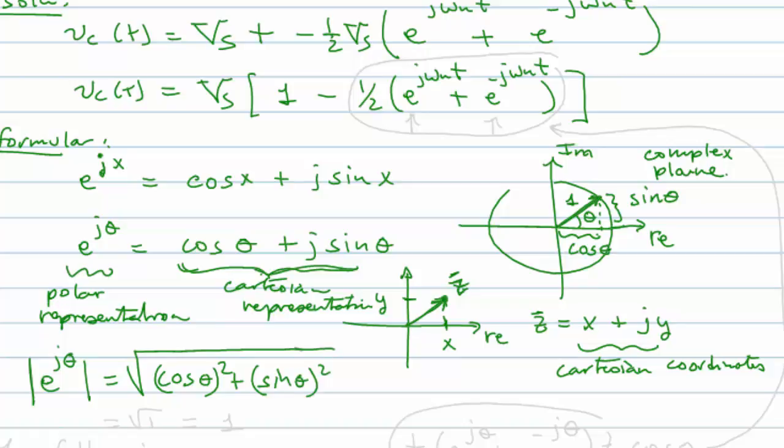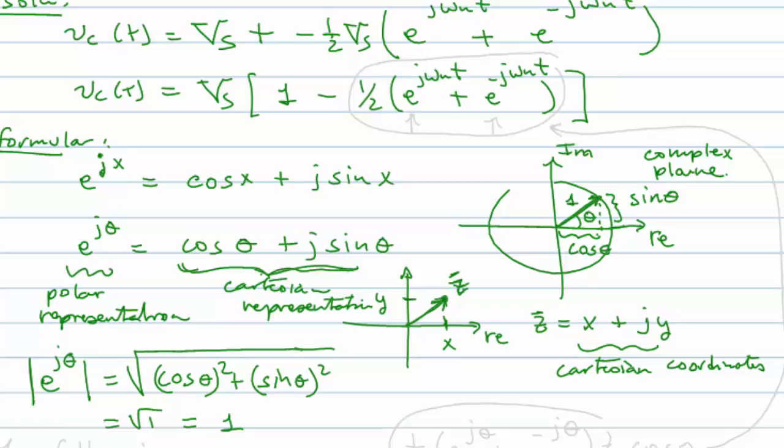And we all know that cosine squared theta plus sine squared theta is equal to 1. So the magnitude of this is equal to 1. All right, so how does that help us here?